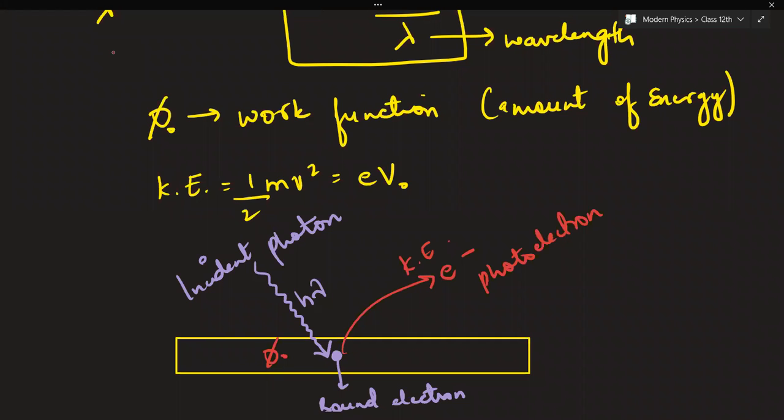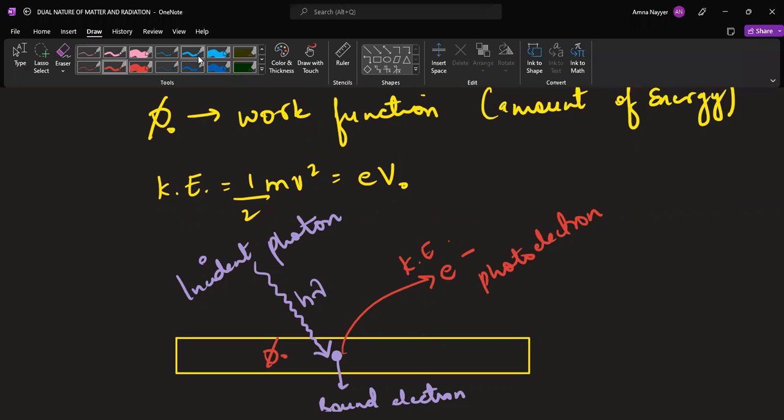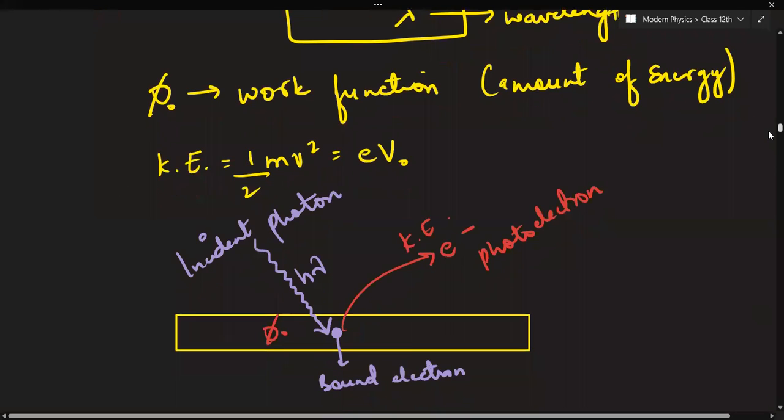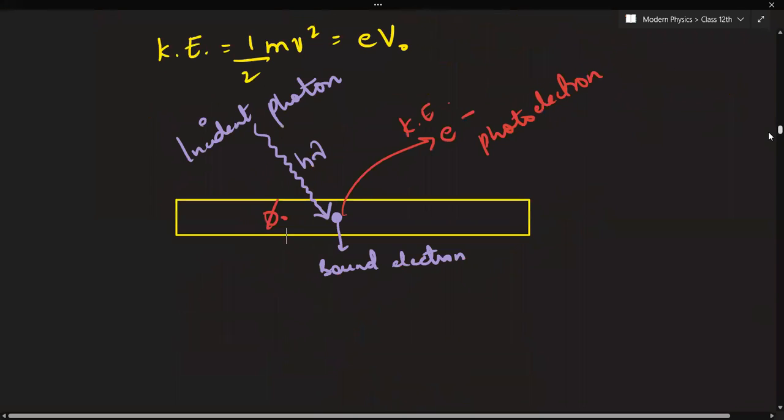Work function, you are aware, is the minimum energy required to liberate an electron from the metal surface. Now, Einstein's equation said that the total energy present in this entire process of photoelectric effect is not only work function, it is kinetic energy as well.